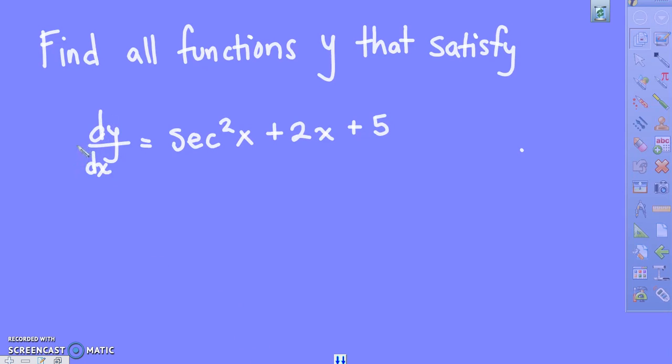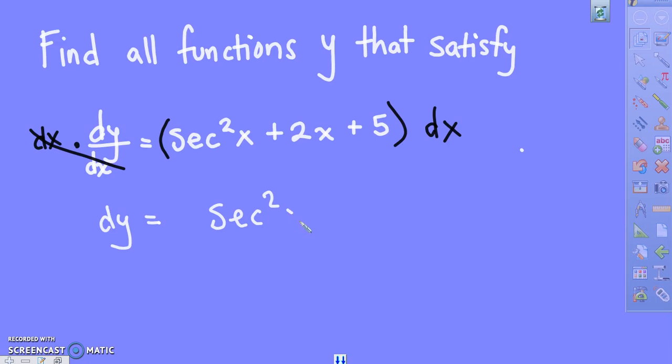I'm going to break it up by multiplying both sides by dx to then get dy is equal to secant squared x plus 2x plus 5 dx.